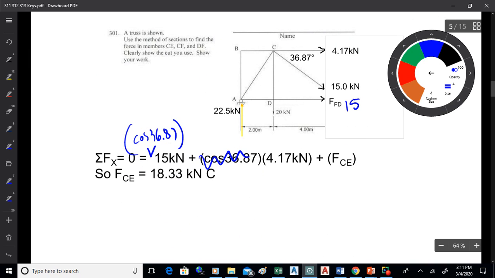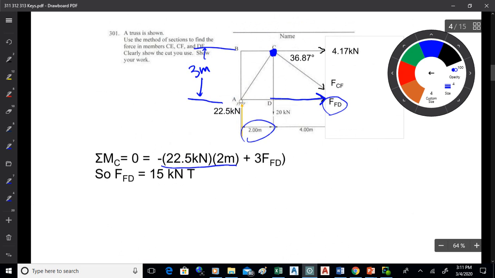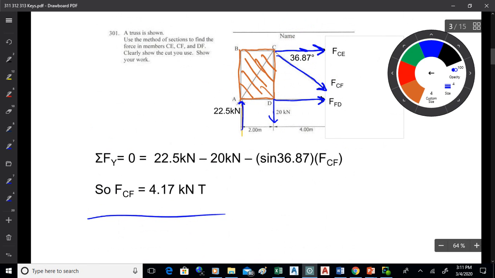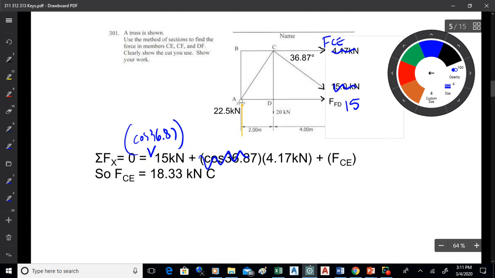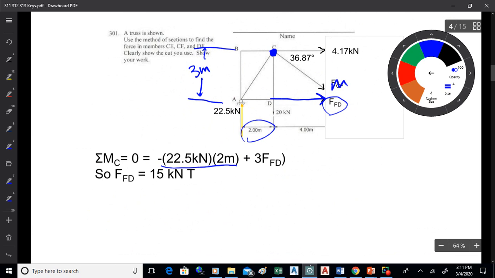And then this is CE up there, I think. There we go. And then I have some labeling problems on that. And then FCF is 4.17. There we go. Now we're getting through this. This is 4.17, and this is FFD right there.